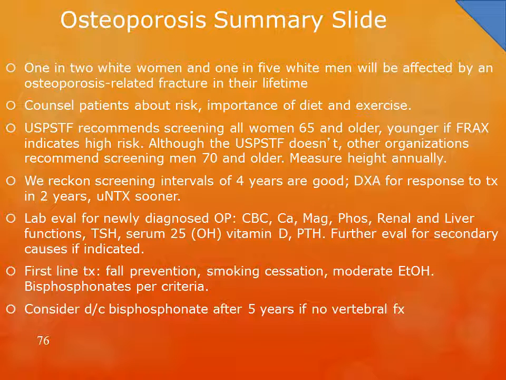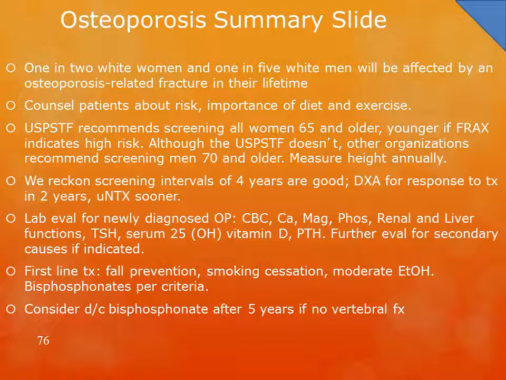The lab evaluation for newly diagnosed osteoporosis includes a CBC, calcium, magnesium, and phosphorus, renal and liver functions, and TSH. We're looking for vitamin D3 levels. We're looking for PTH. Further evaluation is indicated if secondary causes are suspected. First-line treatment is fall prevention, smoking cessation, and moderate alcohol intake.